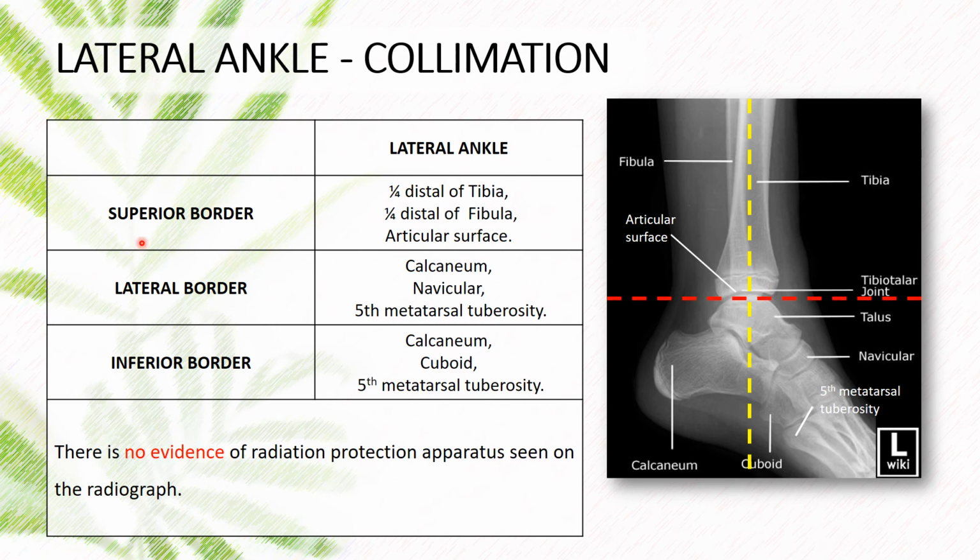At the lateral border, the structures that should be included are the calcaneum, navicular, and the fifth metatarsal tuberosity. At the inferior border, the structures that should be included are the calcaneus, cuboid, and the fifth metatarsal tuberosity. On this radiograph, there is no evidence of radiation protection apparatus seen.